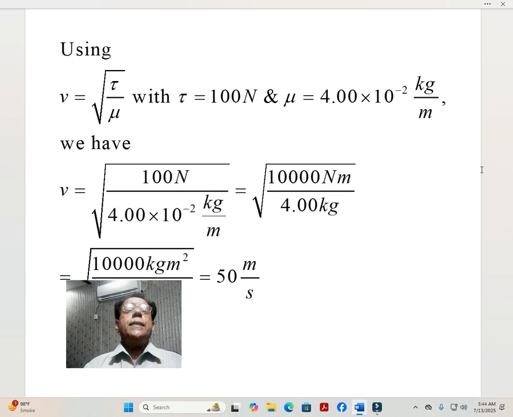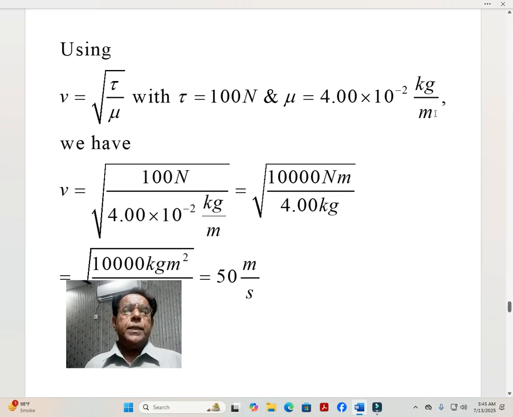These two quantities are provided in the problem statement. We are just using them in this formula, v equal to square root of tau over mu. Tau is 100 Newton, while mu is 4.0 into 10 raised to power minus 2 kilogram per meter.